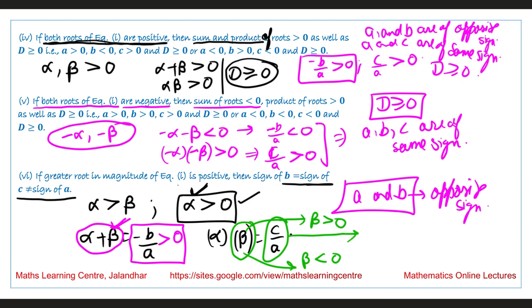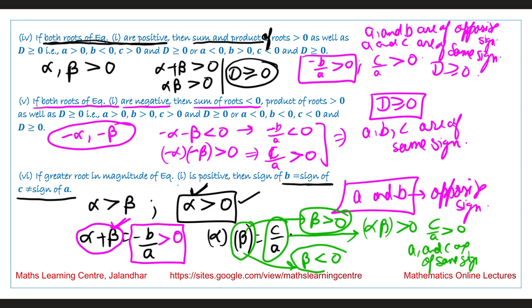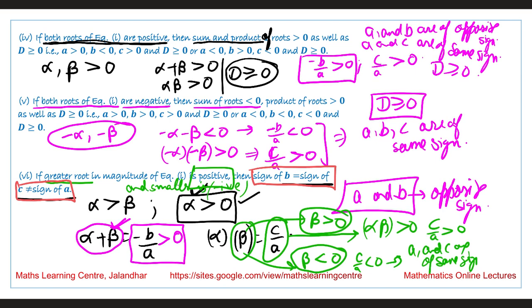So if beta is greater than 0, it means alpha into beta is greater than 0, c over a is greater than 0, so a and c are of same sign. And if beta is less than 0, then c by a is less than 0, then a and c are of opposite sign. So if the greater root is positive and the smaller is negative, then we have the condition that sign of b is equal to sign of c is not equal to sign of a.